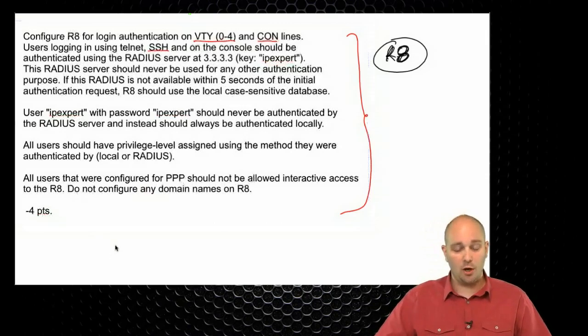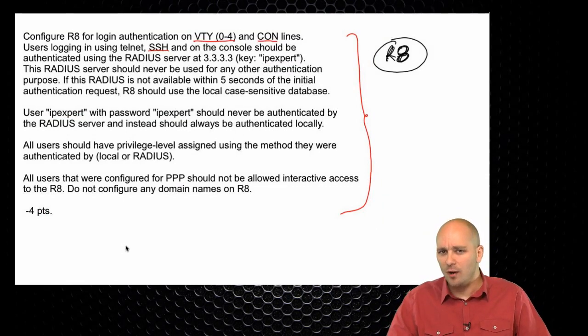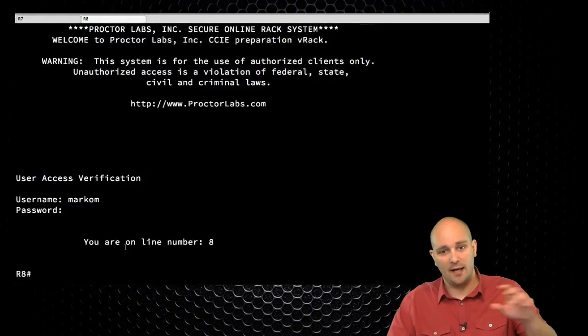So we know that the usual way of configuring SSH is to create a host name, define the domain, IP domain name, whatever, but here we are told do not configure any domain names. So how can we enable SSH without actually configuring a domain name? That's going to be an interesting twist.